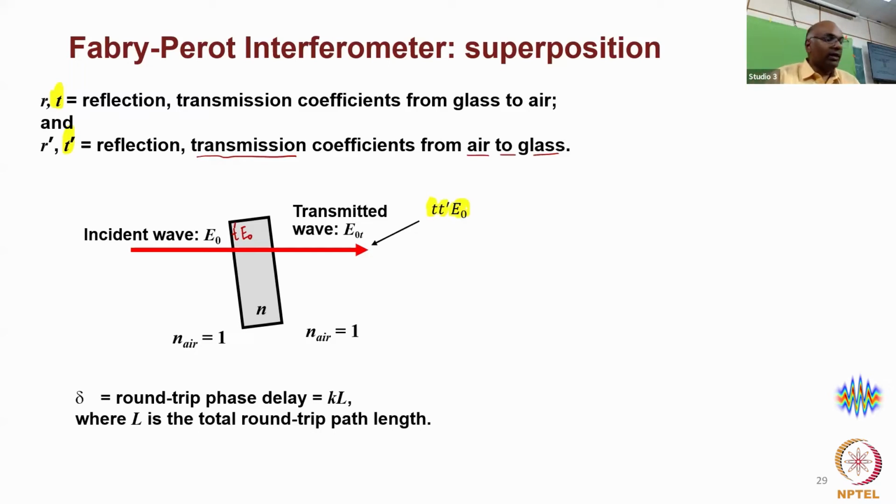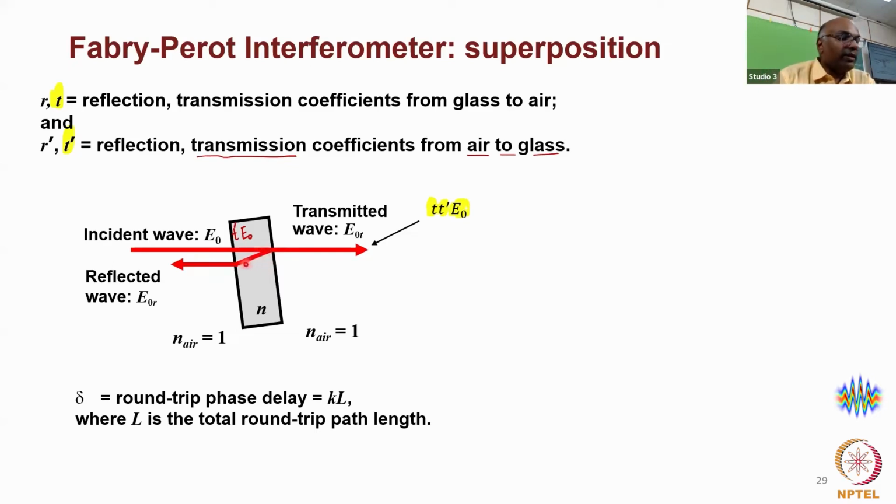Now, not only does this happen, we also should consider the scenario where at the glass-air interface on the right, the wave can suffer a reflection. The wave got reflected from the glass-air interface. This happens simultaneously and it is a natural phenomenon.